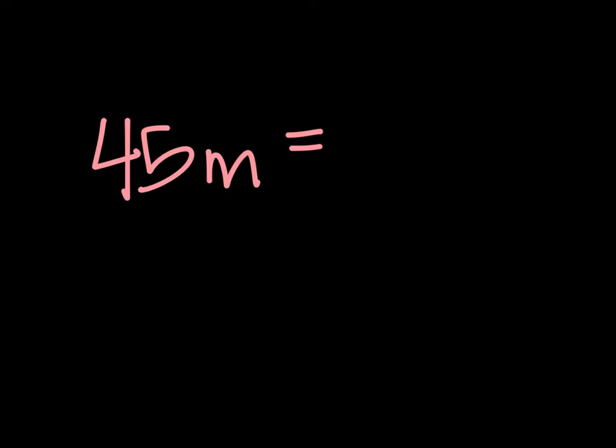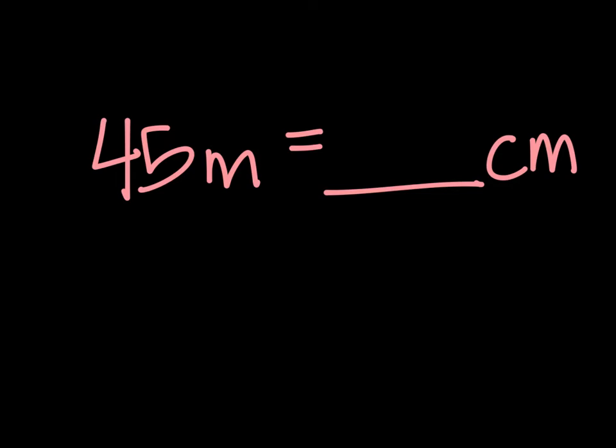So we learned how to convert the metric system by moving our decimal place to the left or to the right. So let's just do one quick review example on that. Let's say that I had 45 meters and I wanted to convert it into centimeters. Now, if you think back to our stair step, meters and centimeters are 2 steps away, and I'm going down the staircase.